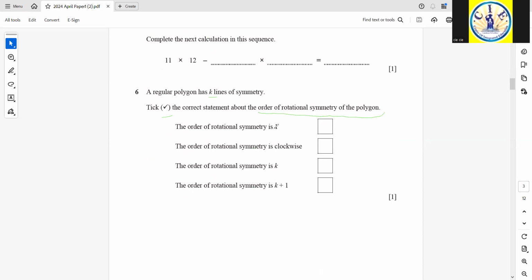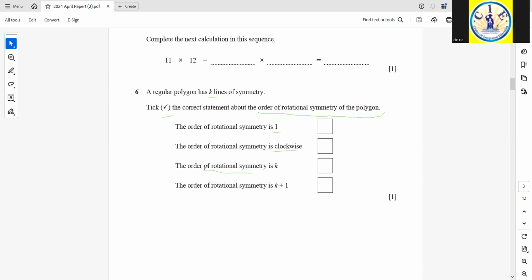The order of rotational symmetry is 1. That is not true. The order of rotational symmetry is clockwise. That is not clear from the statement. And in order of rotational symmetry, we can take either in clockwise direction or in anti-clockwise direction. So that makes no difference.